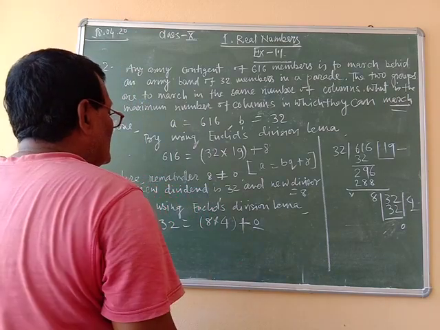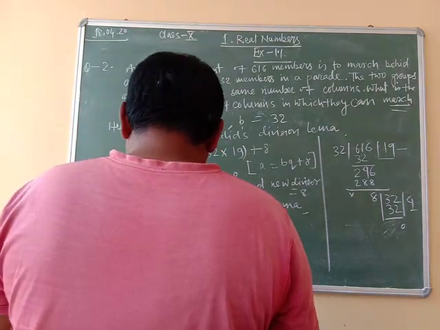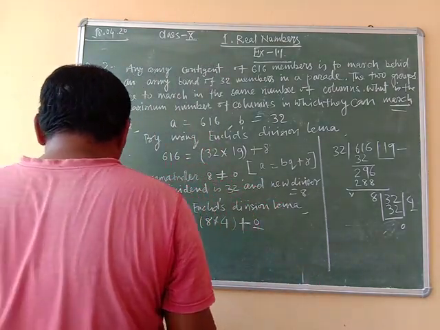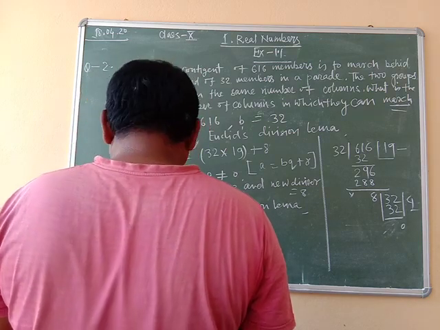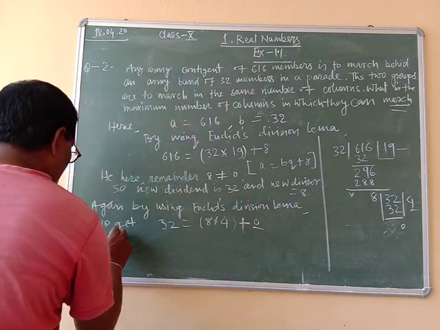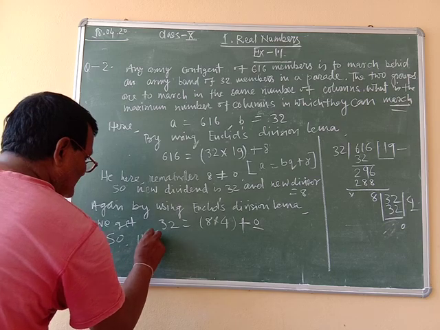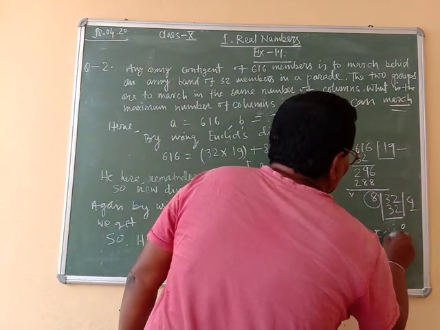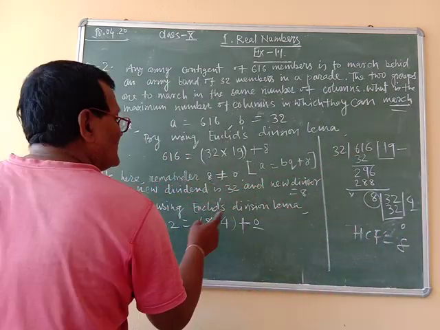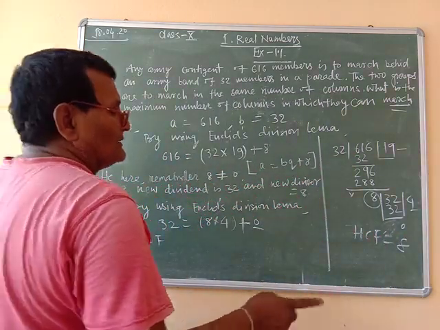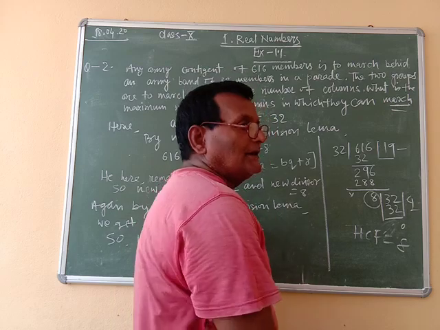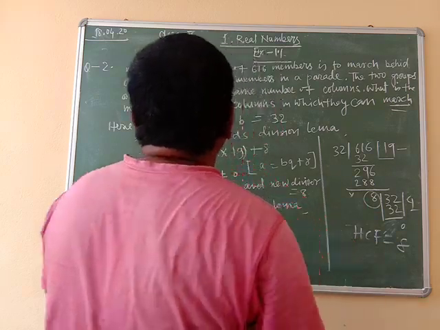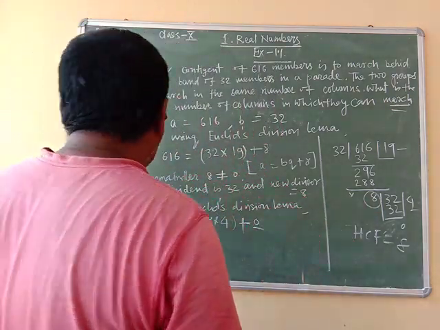The remainder is 0 and the divisor is 8. So if remainder is 0, then the last divisor will be the HCF of the given numbers 616 and 32.